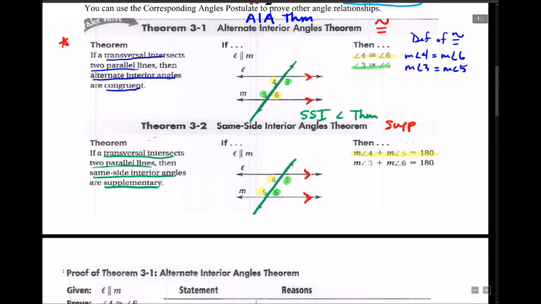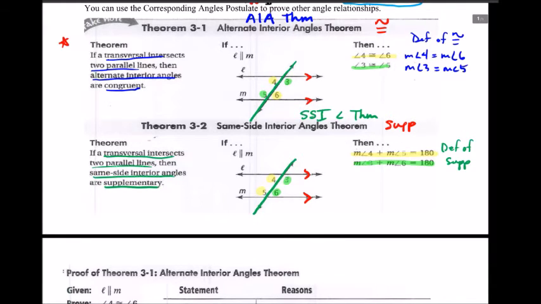This is by definition of supplementary, right? We know that those angles are supplementary. The definition of supplementary lets us say that the sum of the measures equals 180 degrees. So very useful to us.